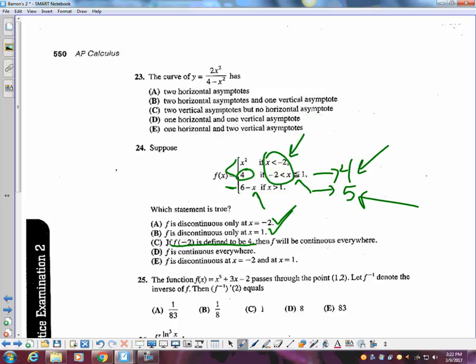Yes. But would we be continuous everywhere? No. And then D just says, I'm going to stick my head in the sand and pretend we're continuous everywhere. No. So E says f is discontinuous at -2 and at 1, which is true.